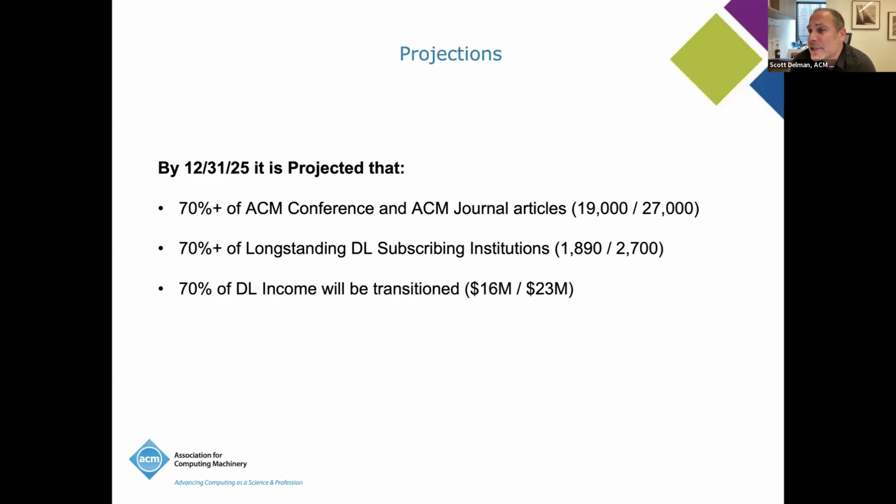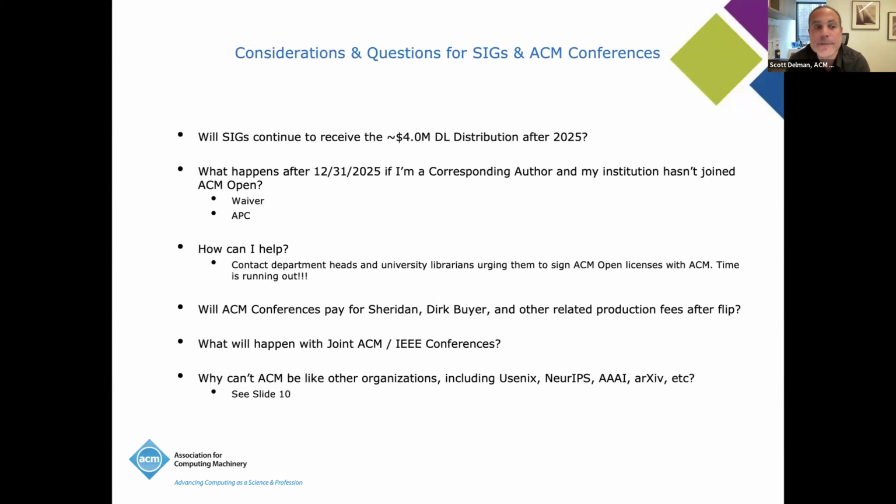And then next year, we think that we'll get to about 70%. That means both in terms of the number of articles, percentage of articles, the number of institutions that have signed on to ACM Open as of today, that's about 1,400 institutions, and that total dollar value out of the 23 million target that we need to reach.